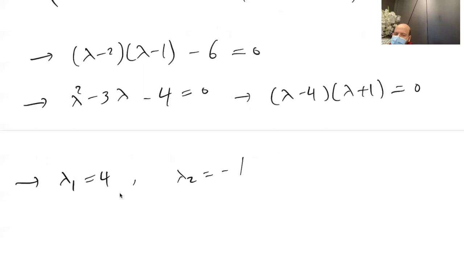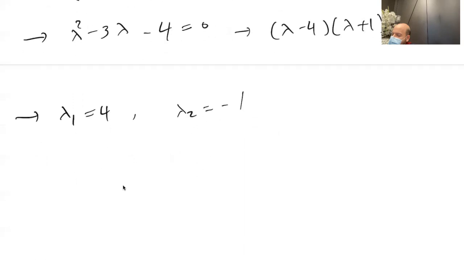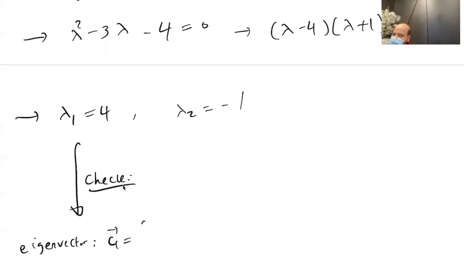Then I need to find two eigenvectors, one corresponding to lambda 1 equals 4 and one corresponding to lambda 2 equals minus 1. Check that the eigenvector corresponding to this will be C1 equals (2, 3), and the one corresponding to this will be C2 equals (minus 1, 1).